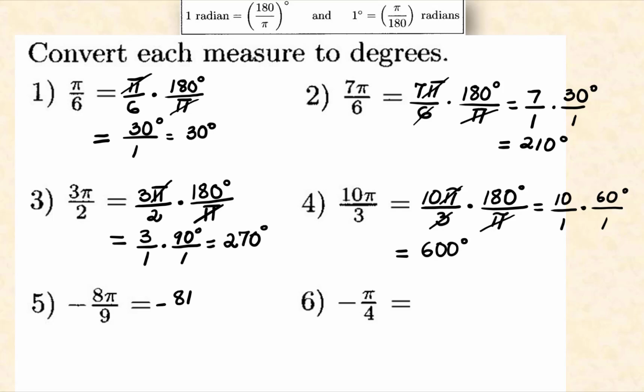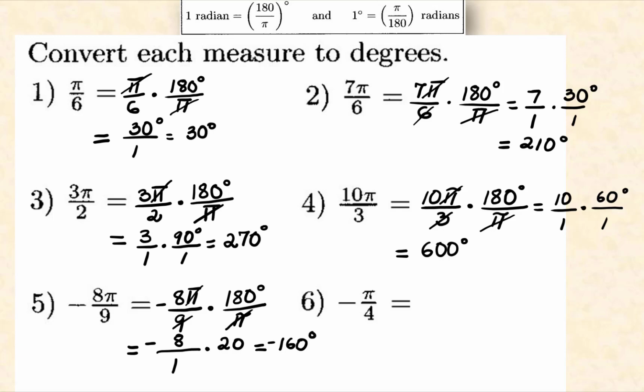Negative 8 pi over 9 multiplied by 180 over pi. 180 divided by 9 will be 20. So it's going to be negative 8 over 1 times 20 over 1, and 8 times 20 will be 160.